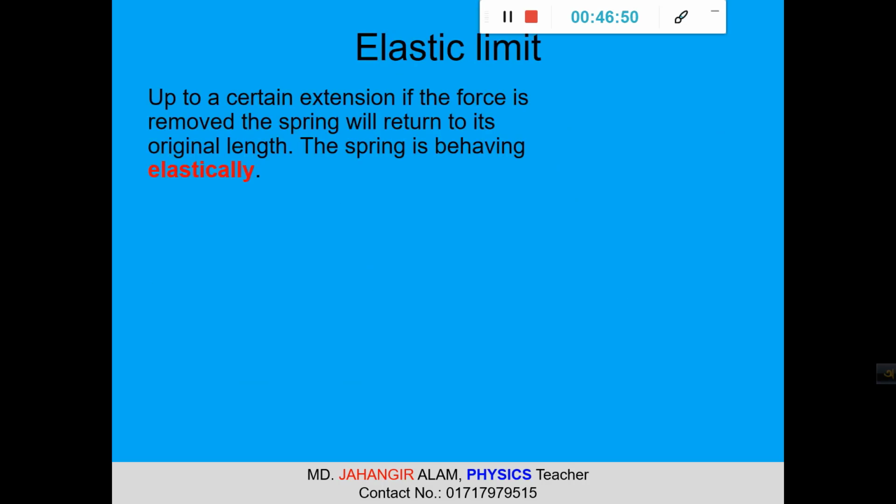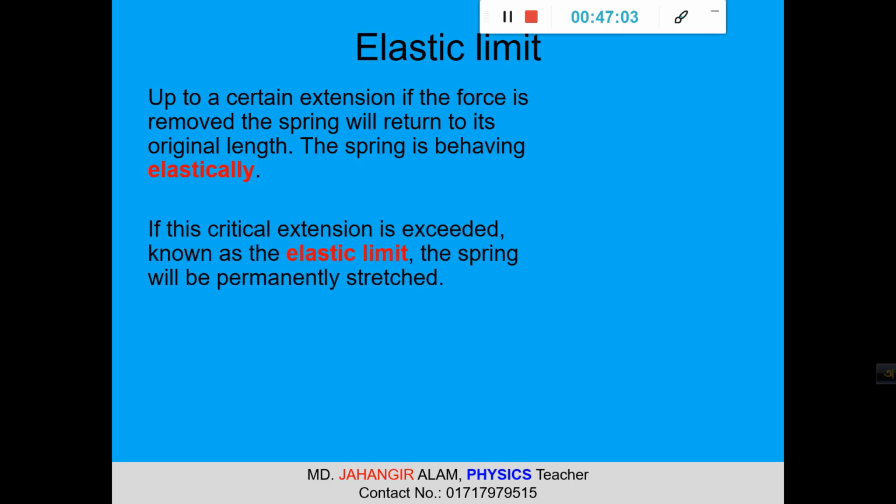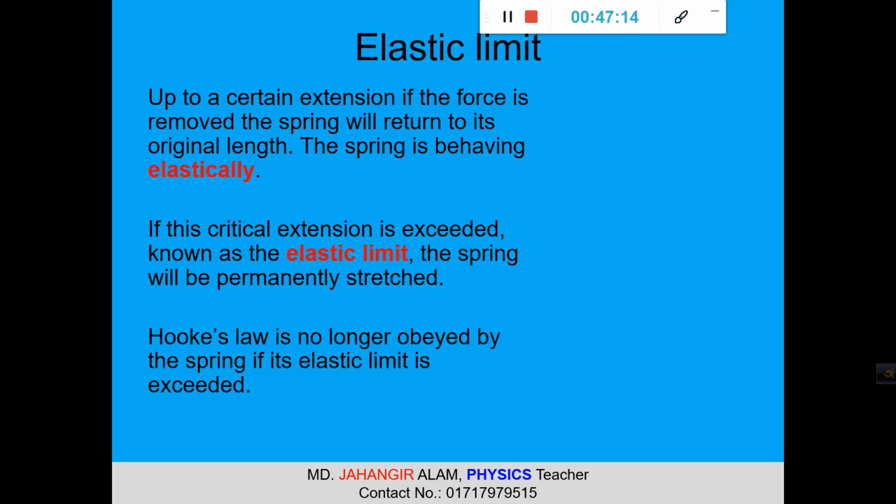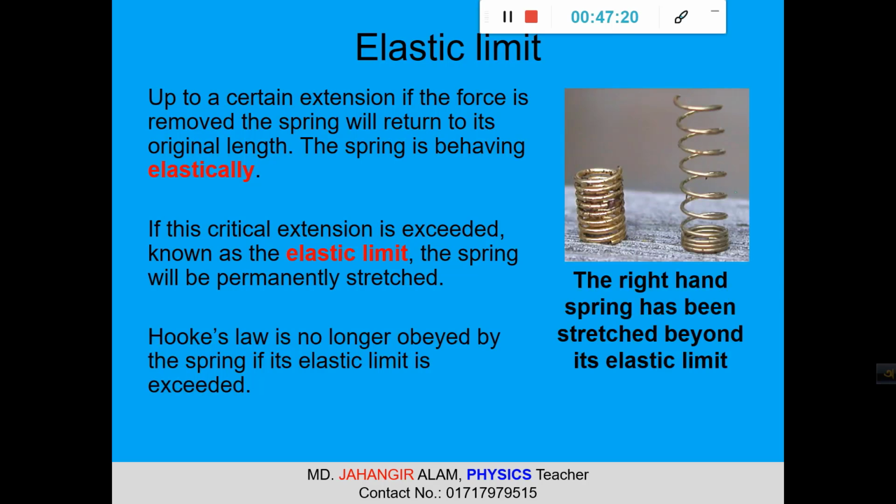Now, what is elastic limit? Up to a certain extension, if the force is removed, the spring will return to its original length. The spring is behaving elastically, perfectly elastic. If the critical extension, known as the elastic limit, is exceeded, the spring will be permanently stretched. Hooke's law is no longer obeyed by the spring if its elastic limit is exceeded.